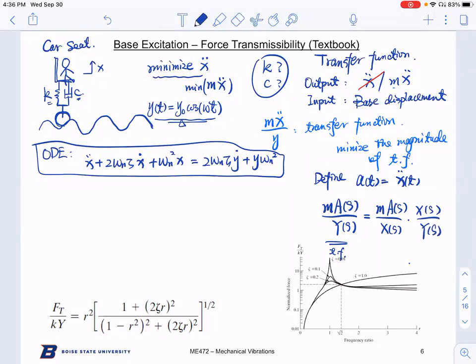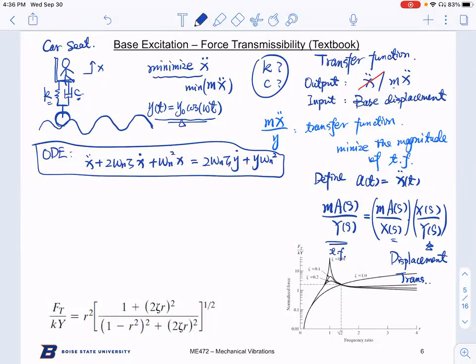Insert an X(s) term into both the numerator and the denominator, then you can convert your transfer function into two parts. The second part in this case is your displacement transmissibility. We already derived that in previous lectures. The first one is like a coupling.